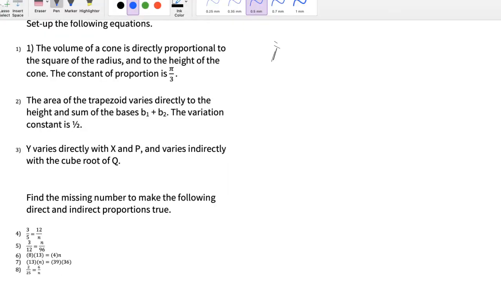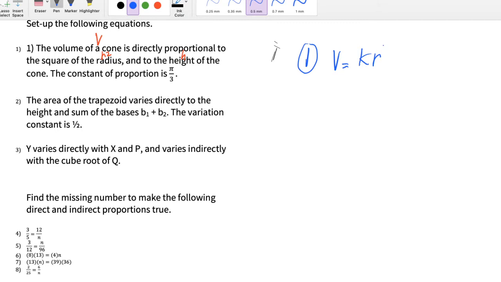Volume of a cone, let's say V is directly proportional to the square of the radius r, so that's r squared. Height, let's assign h. We will get volume is equal to k times r squared times h, kasi directly proportional or your volume varies directly with your radius and height.